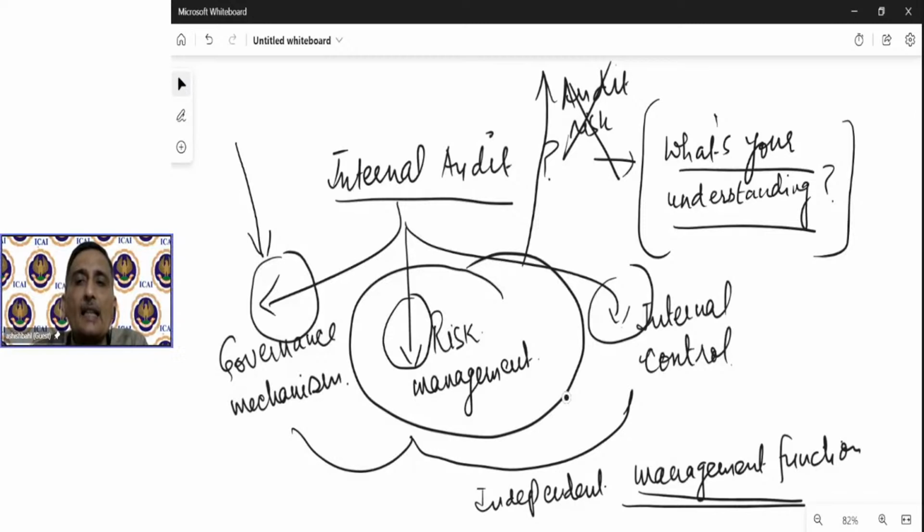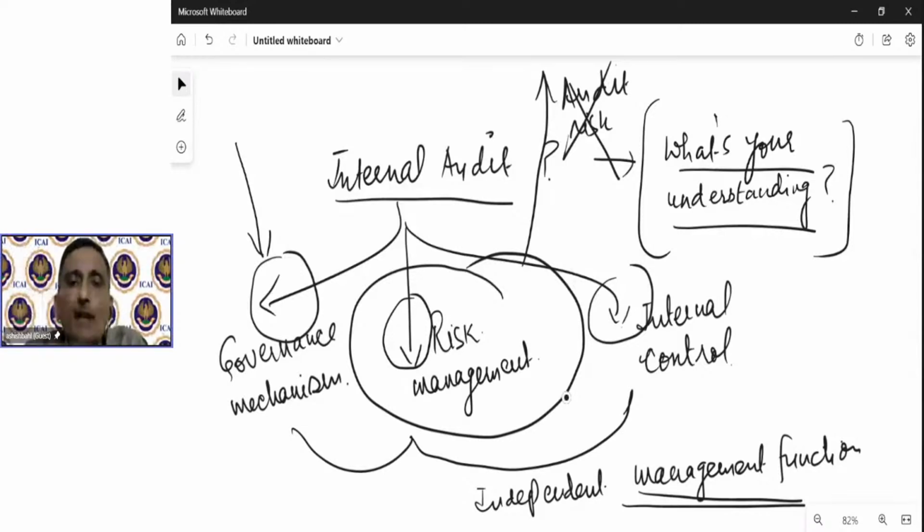And third is internal control. It strengthens the internal control. Now, whatever the company has developed earlier in-house for the purpose of running its operations, for the purpose of safeguarding its assets, for the purpose of carrying out its operations efficiently and effectively, it constantly uses that system also.